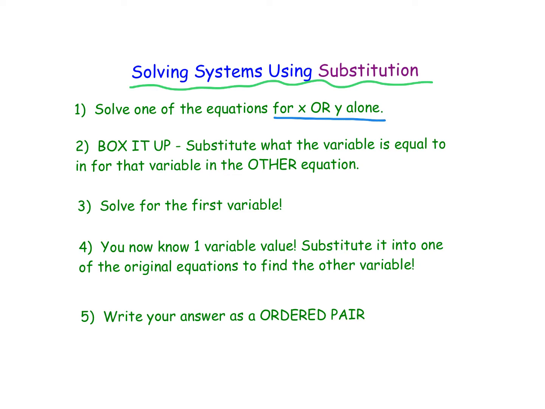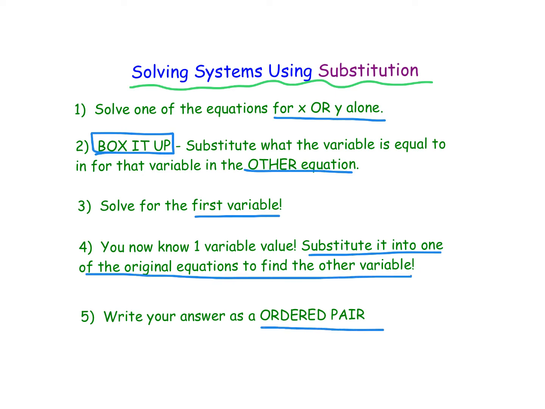Then we're going to box it up and substitute it into the other equation. We'll then have an equation with one variable so we can solve for the first variable. Now that we know the first variable value, we can substitute it into the original equations, find the other, and then we'll write our final answer as an ordered pair.